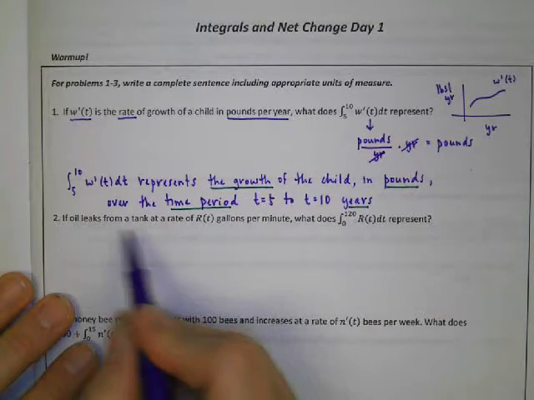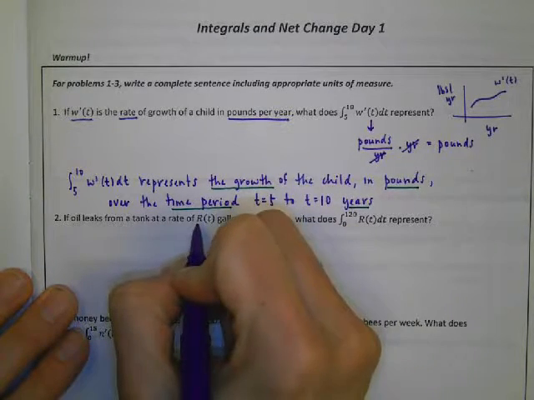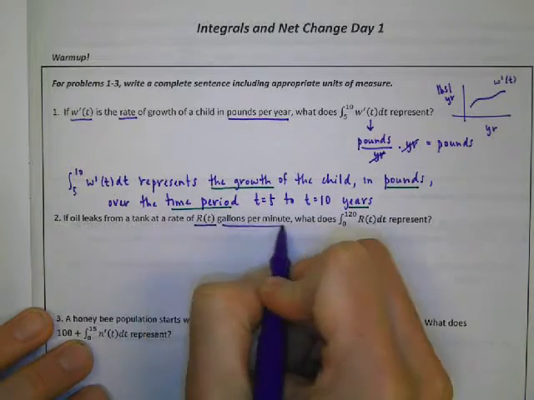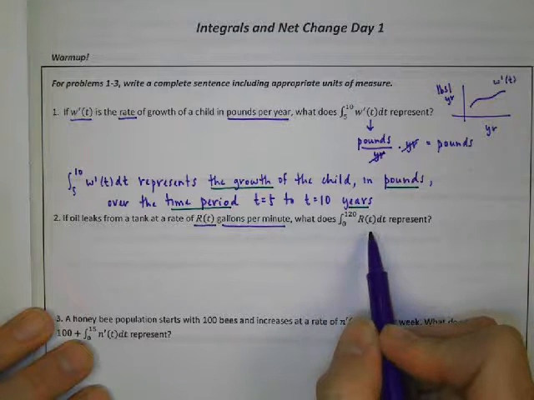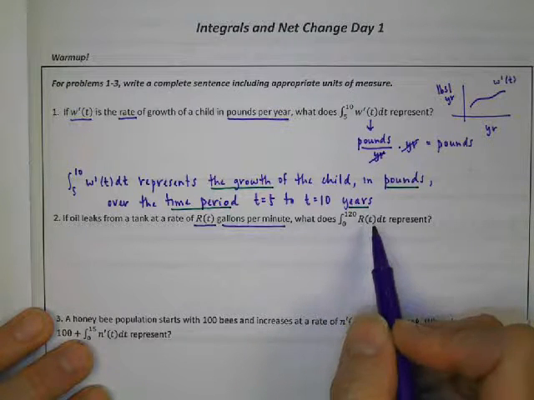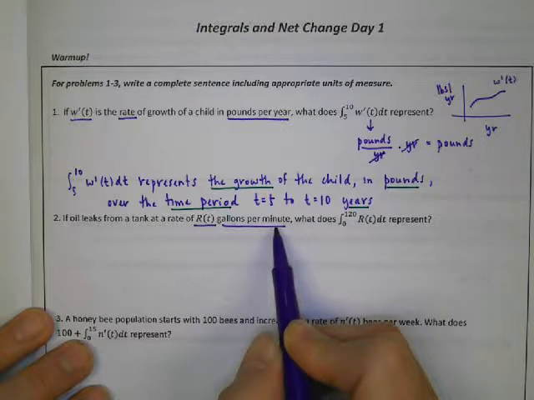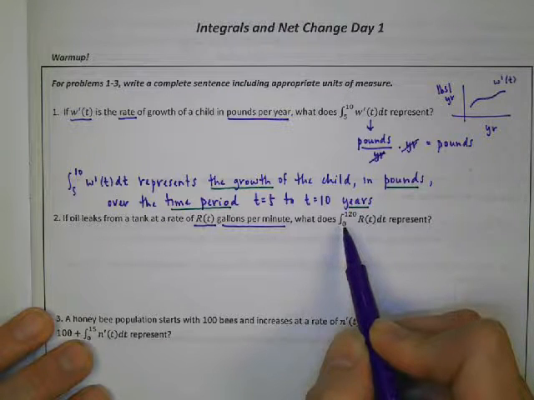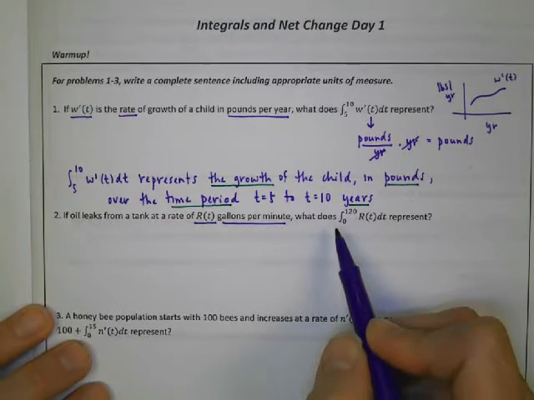The next one says oil leaks from a tank at a rate, again we have a rate, and here they're just giving us a function R of t. Our units are gallons per minute, and we want to know, what does this integral represent? Again, my y values are gallons per minute. My x values are going to be in minutes, so my units must be gallons.